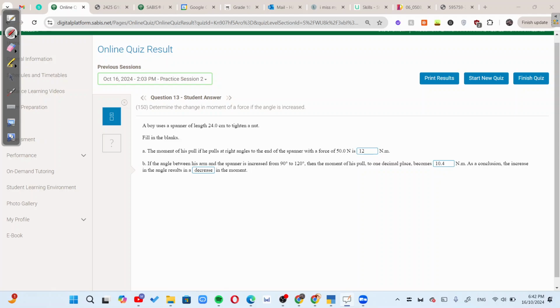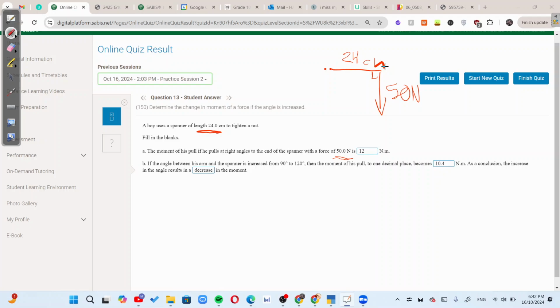And the moment if he pulls at a right angle to the spanner with a force of 15 newtons is, so we know that this is the perpendicular distance. So let's say this is the thing he's doing, and his force is going perpendicular to it. So this would be your distance, which is 24 centimeters, and you have a force of 15 newtons.